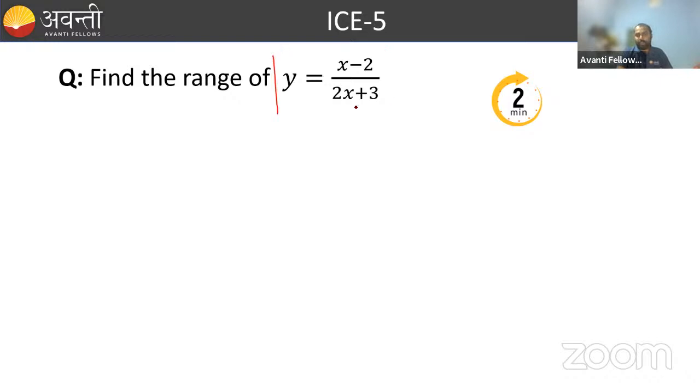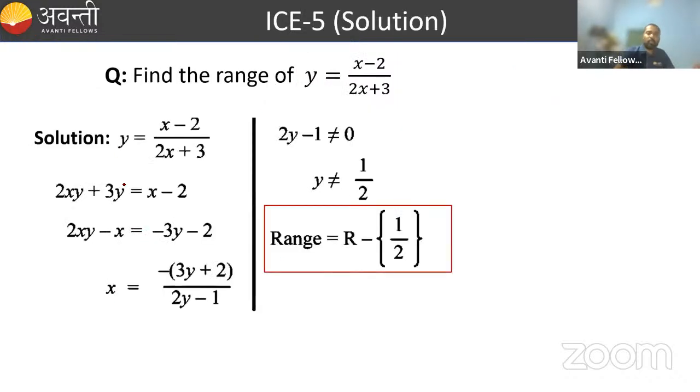It is already written in the form y is equal to x minus 2 upon 2x plus 3. Let's see the solution. If it is f of x, you have to write the given function as y and try to write x as some function of y, right?